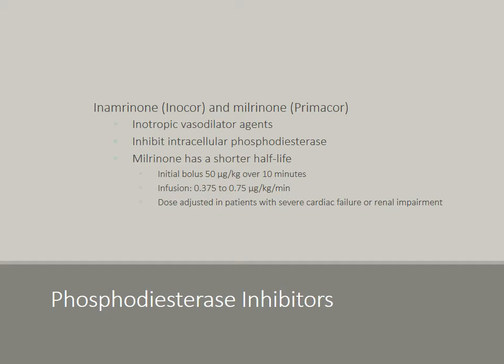It should be given with an initial bolus of 50 micrograms per kilogram over 10 minutes, or it can be given as an infusion of 0.375 to 0.75 micrograms per kilogram per minute. The dose should be adjusted in patients with severe cardiac failure or renal impairment.